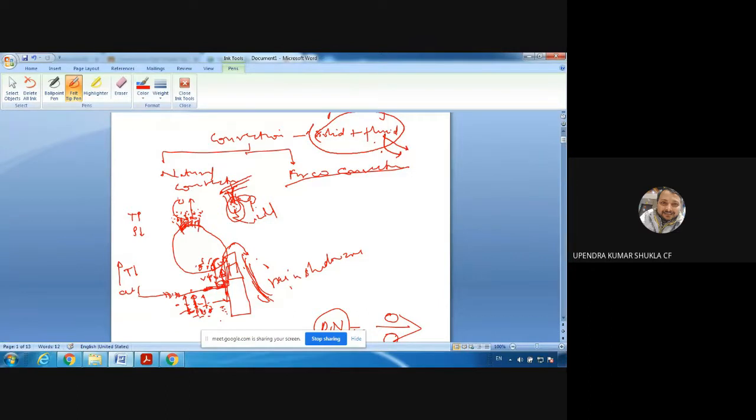If the movement of this fluid is caused by some fan, blower, compressor, etc., then this will be forced convection. Suppose I put the fan right here and the air is blowing, and there is a hot surface, so you will find this is forced convection. So let's discuss a bit about this also.